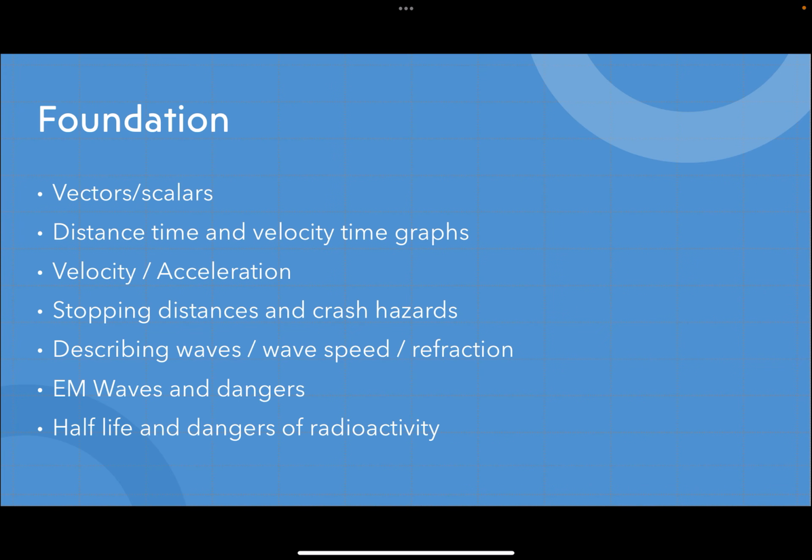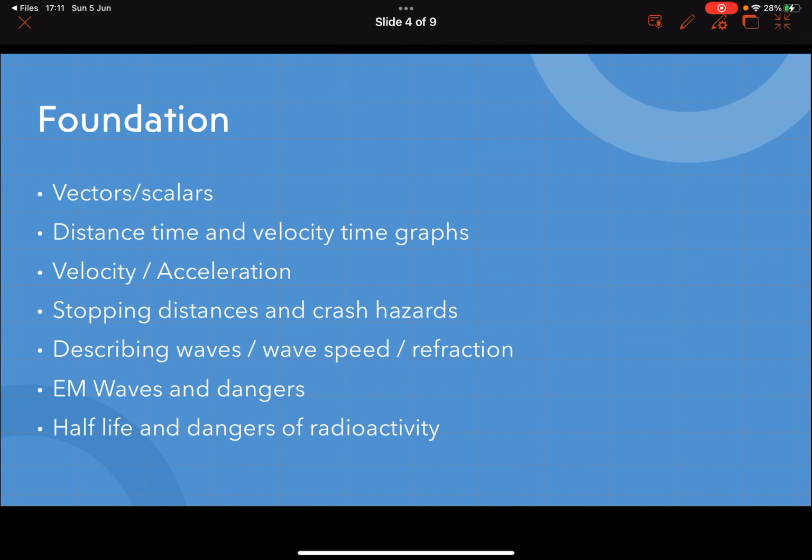Okay, so for the foundation and for the higher, make sure you know what vector quantities and scalar quantities are. Vector quantities are quantities that have size and direction, e.g. velocity. Scalar has size only, like speed. If I am driving at 20 miles per hour, that's my speed, a scalar quantity.